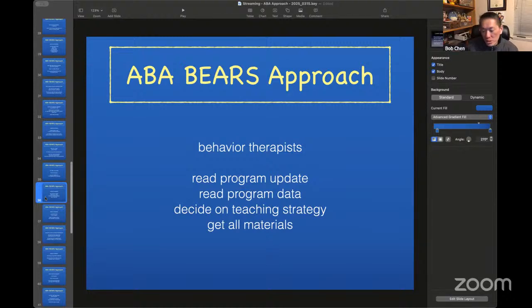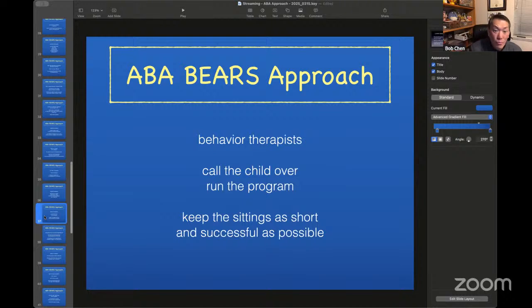That way, when you see what they're struggling with, or what they're doing really well with, you can accurately decide on an appropriate teaching strategy for that sitting. So if you know they really struggle with this, your plan is to heavily prompt them to be successful before withdrawing the prompt. So you have a game plan about how you're going to teach that particular program for that particular session. And then you get all the needed materials, call the child over and run the program.